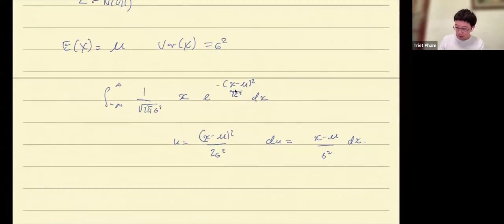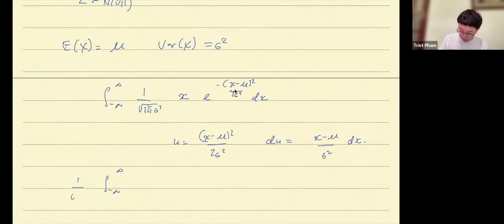And so this integral is basically the integral from minus infinity to infinity. Let's see here. So you need to do x minus mu over sigma squared. One second, let me see how to line this up.